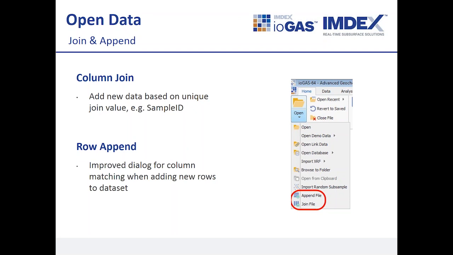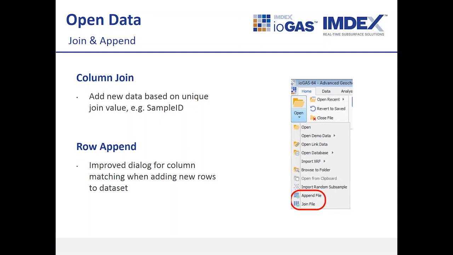So that makes that append much more useful. But we've also brought in the ability now to join columns on the side of the file, if you like. It's a relatively simple joining concept, and the logical joining field to use in most instances, with most people that use gas, would be the sample ID field, because you all have unique sample IDs in your data, I assume.